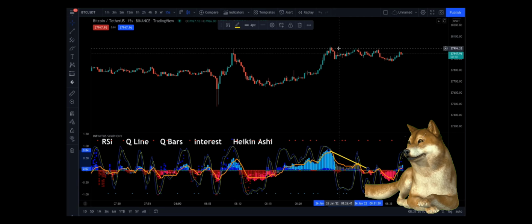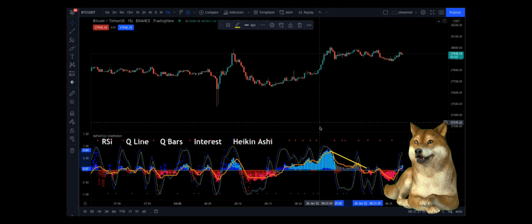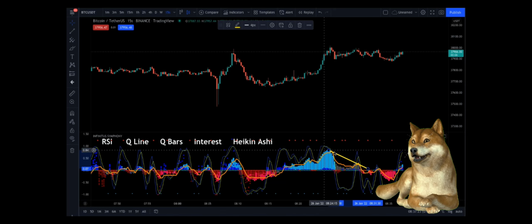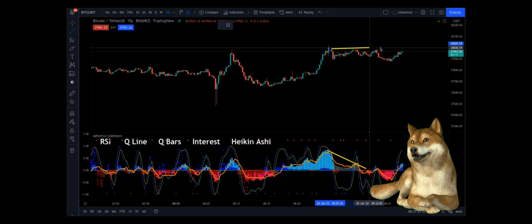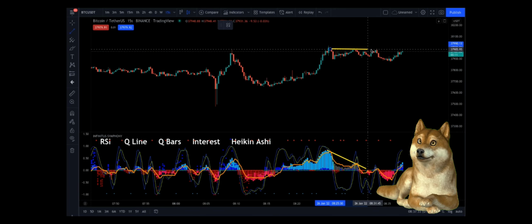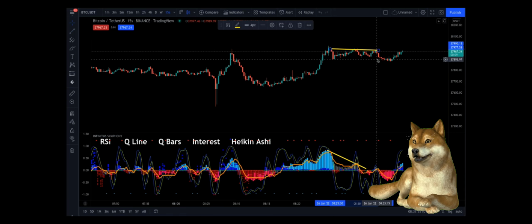So we can see here that QE bars are going down. Is price going up? No, it is going in a sideways channel through here. Is that good to trade? No, not good at all.